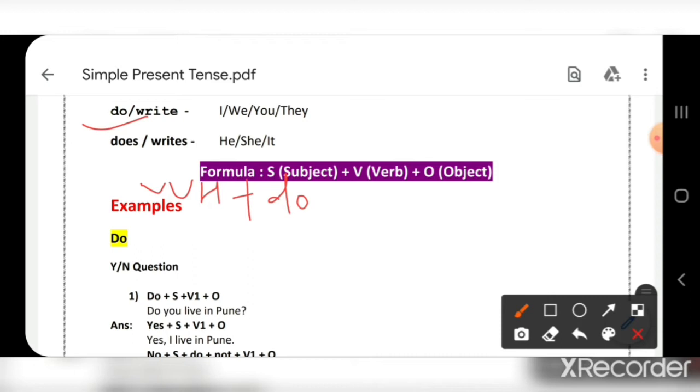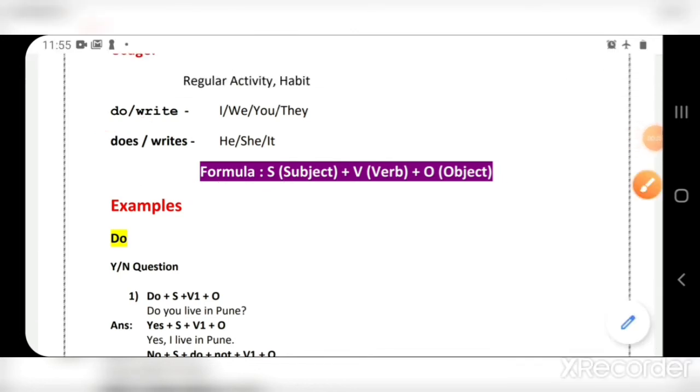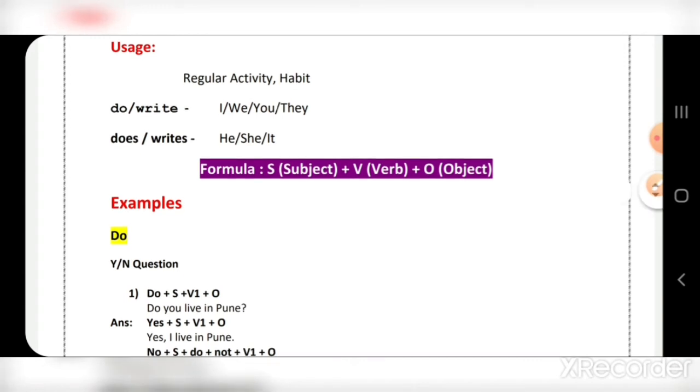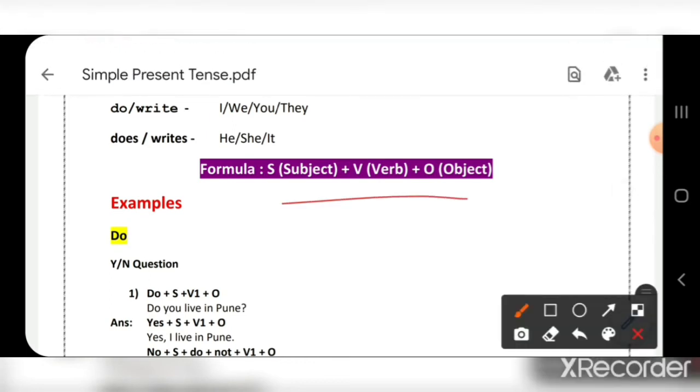That means they help the main verb, the main action word. So you just have to apply a wh word, nothing else. So, when do you make videos? Wh word you have to use. When do you make videos? That's it, fine. Or you can ask, how do you make videos?